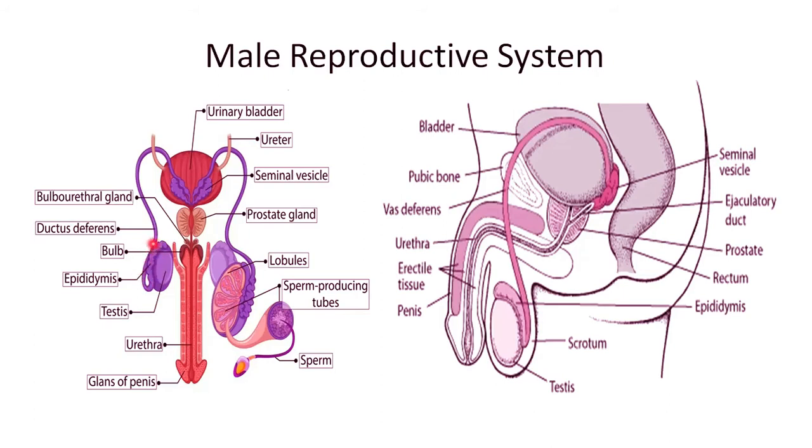Then from the epididymis it will transfer towards the vas deferens, and after that the ejaculatory duct, and then it passes towards the urethra with the help of this gland also. So what is the function of this gland? I will explain you. Now see again from this diagram what is the function of the seminal vesicle, then the prostate gland. I will explain you in detail in the next diagram.